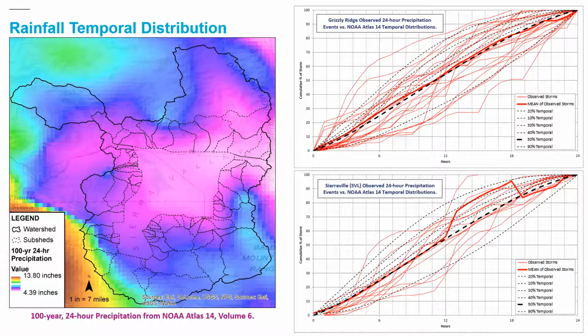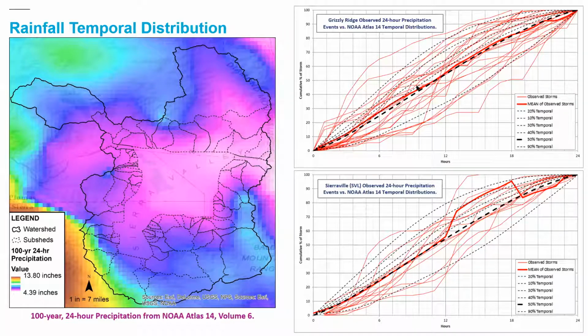So we pulled out the gauge data, had 24-hour precipitation events, observations at Grizzly Ridge and Sierraville, and we plotted those up over the record. And we looked at the mean, and we looked at what temporal distribution best fit that mean, and it's a little bit better at Grizzly Ridge.